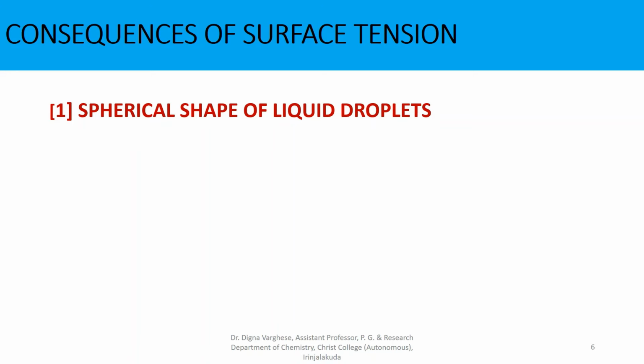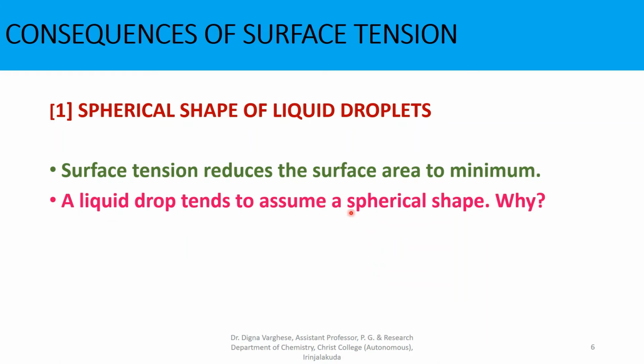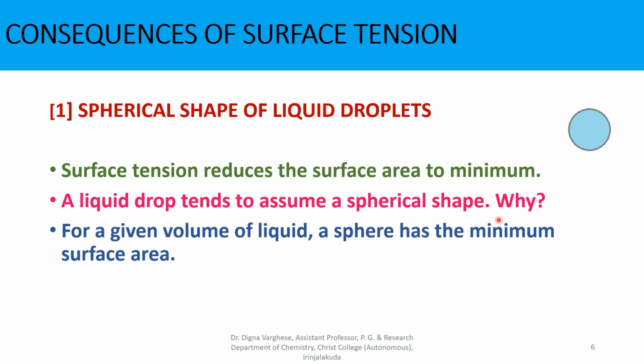First one is the spherical shape of liquid droplets. We know surface tension reduces the surface area to a minimum. For a given volume of a liquid, a drop tends to assume a spherical shape. Why? For a given volume of a liquid, a sphere has the minimum surface area.